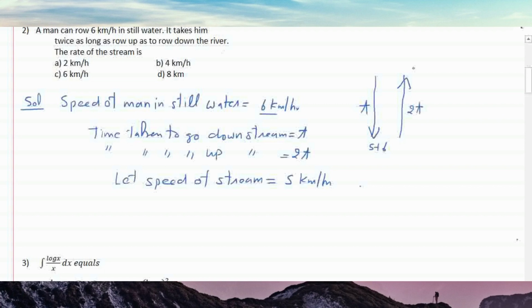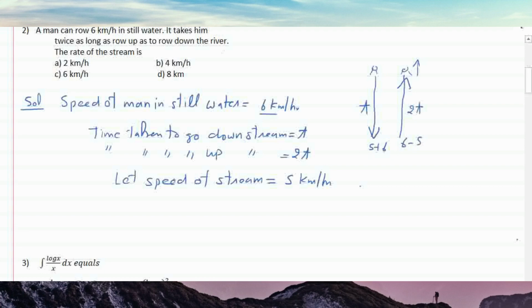But up the stream, children, because water is coming down and the person is going up, what does it mean? The stream and the person both are coming down in the first case, but here the stream is down while this person is moving up. You just see, right? So in this case, the speed will be 6 minus s, right?